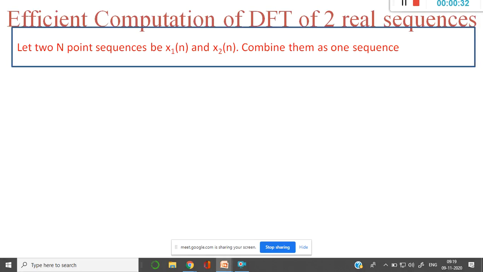Now, in this class, we'll go for efficient computation of DFT of two real sequences. So this is what we call the application part.